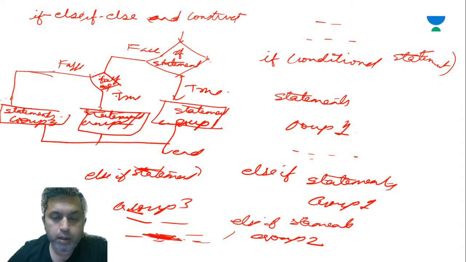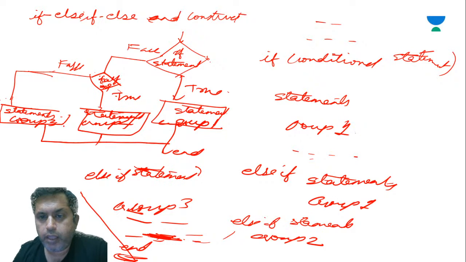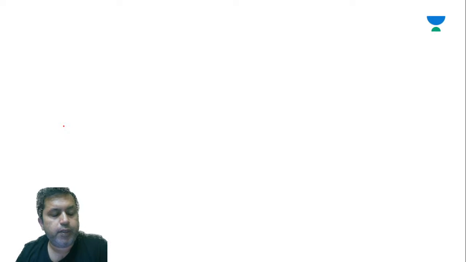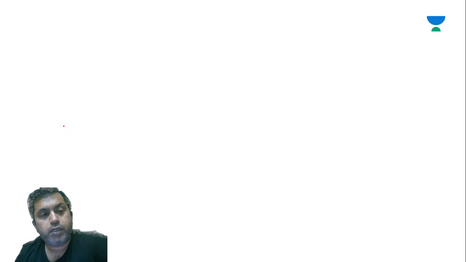Then the last part is the end of the program. So in this way there is a construct for all if constructs.